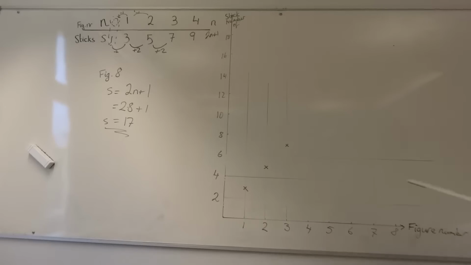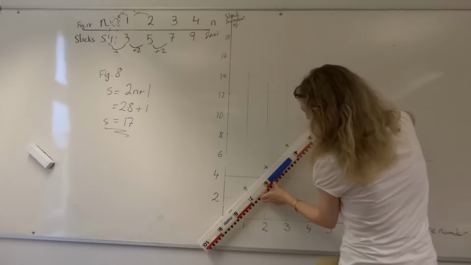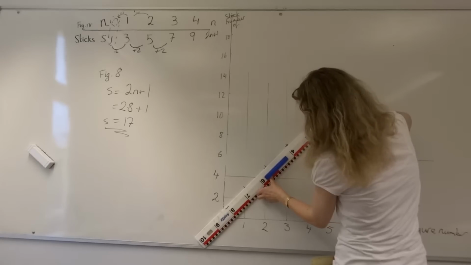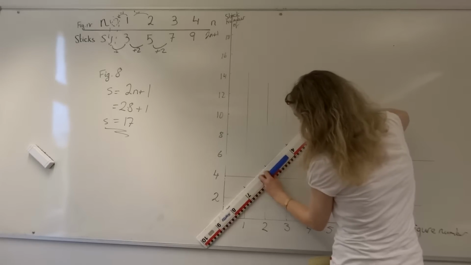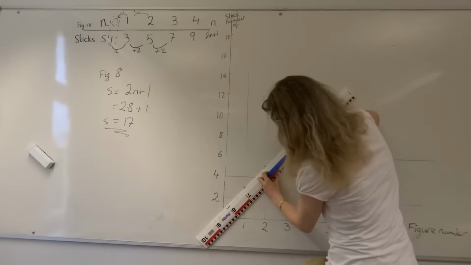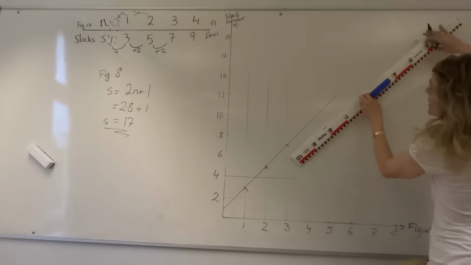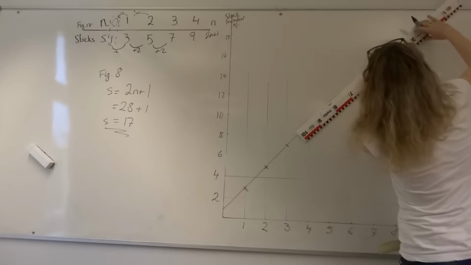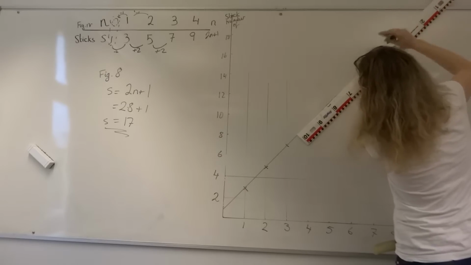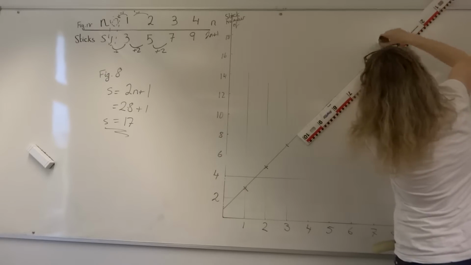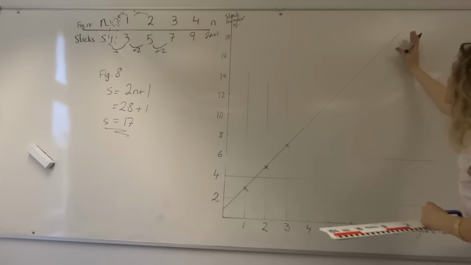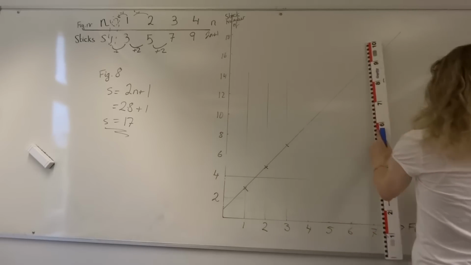You need at least 3 points for every straight line equation. And now we can just join them up here, and extend up here. And you've got better lined paper than I've got. Extend it all the way back up to figure number 8.